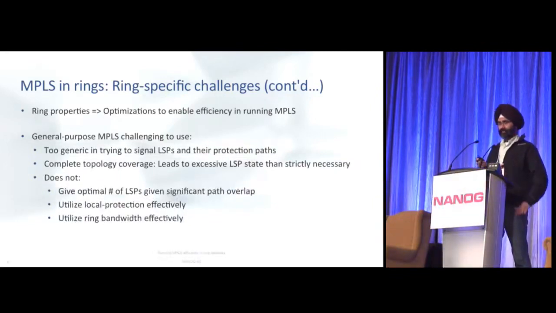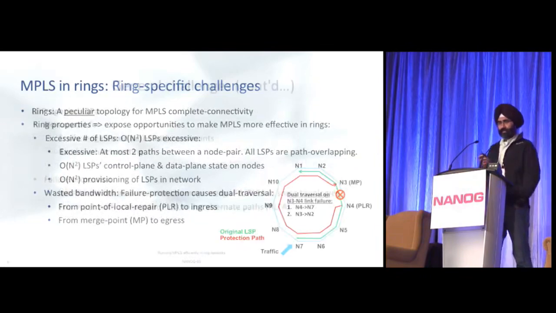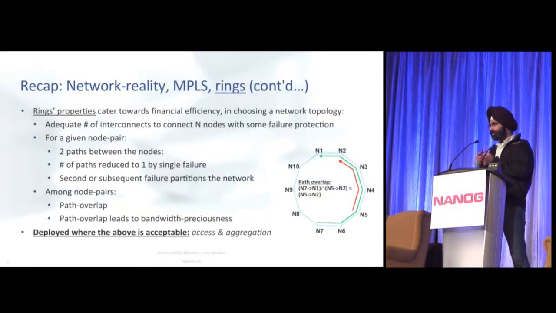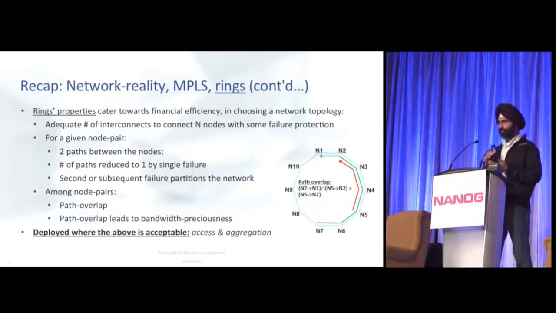See, the key thing is what I mentioned before: because of the path overlap between any LSP going between pairs of nodes in the network, the path overlap itself causes bandwidth in a ring network to be scarce, because if one ingress is asking for more bandwidth for its LSP, it's coming at the cost of other potential LSPs in the network.